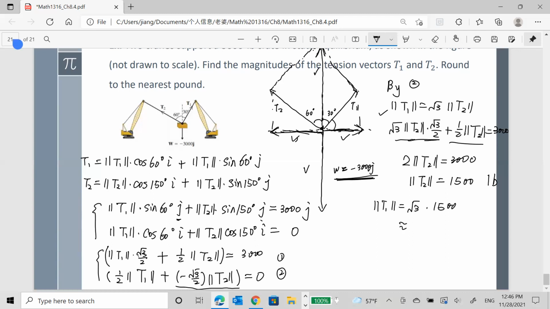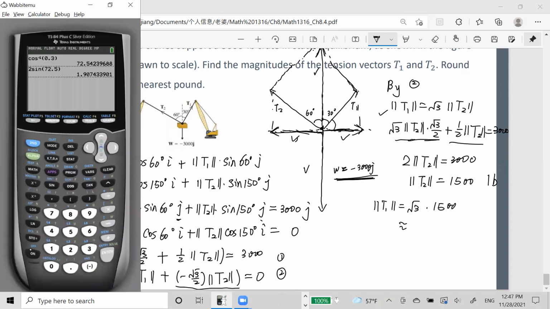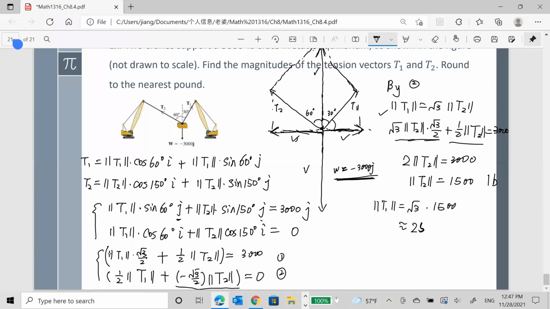Let's see the calculator. Square root of 3 times 1,500, that's 2598.1 if we keep 1 decimal place. So the unit is pound.